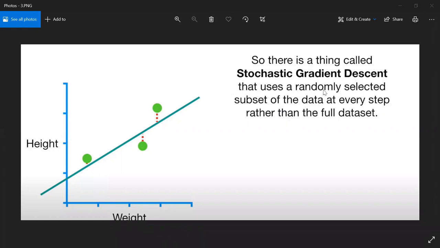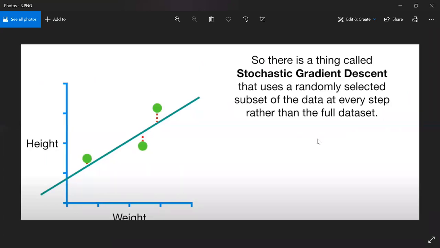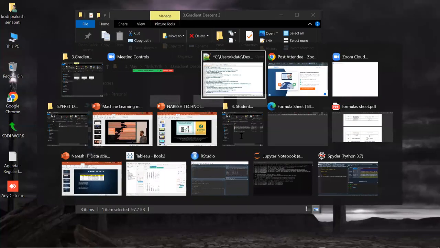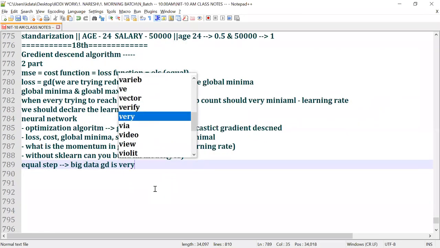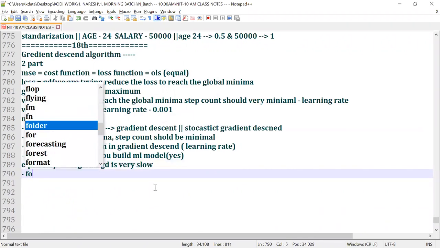It uses a randomly selected subset of the data at every step. So with big data, gradient descent is very slow. I hope you understand.